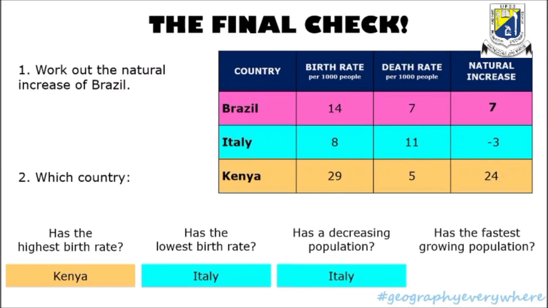Italy has the lowest birth rate of minus 3. Italy also has a decreasing population of minus 3. While Kenya has the highest or fastest growing population of 24.